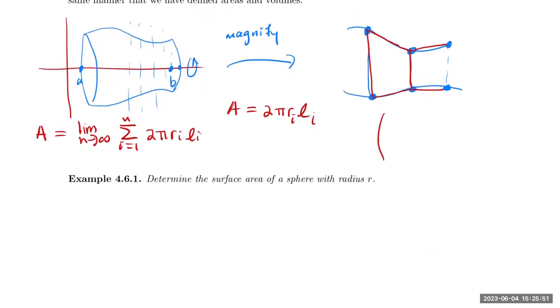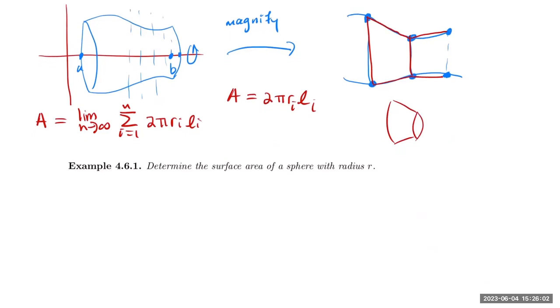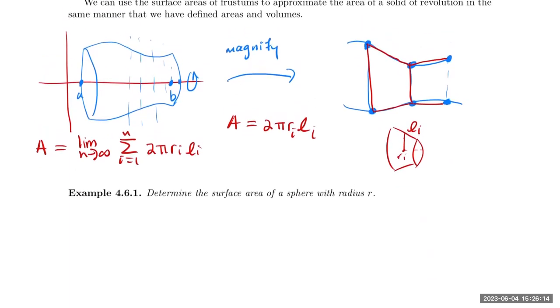Well, let's have a look at a piece here. So if this is our frustum, I'll do a better one. So that's our frustum here. Now we have the length here, which is Li, and each radius here is going to be Ri. So there's going to be a lot of radii in here.